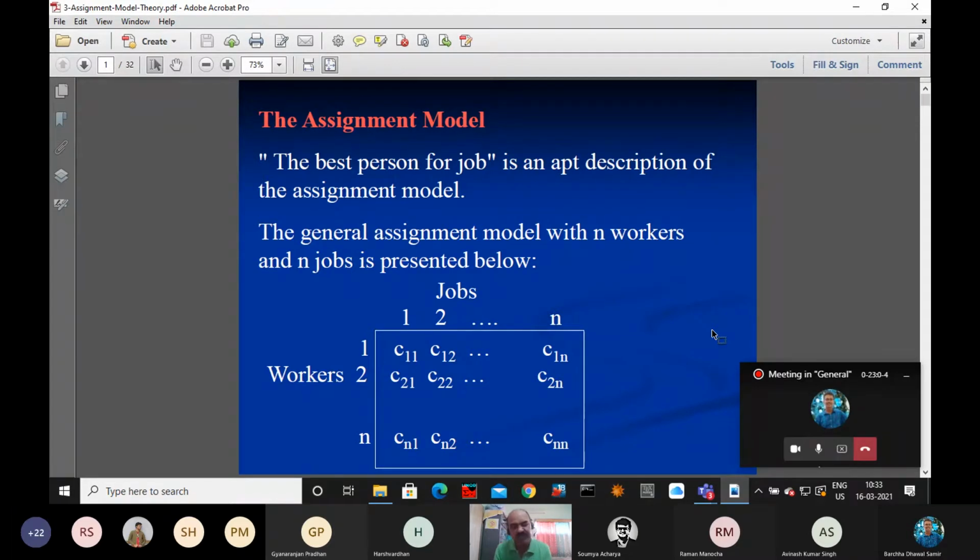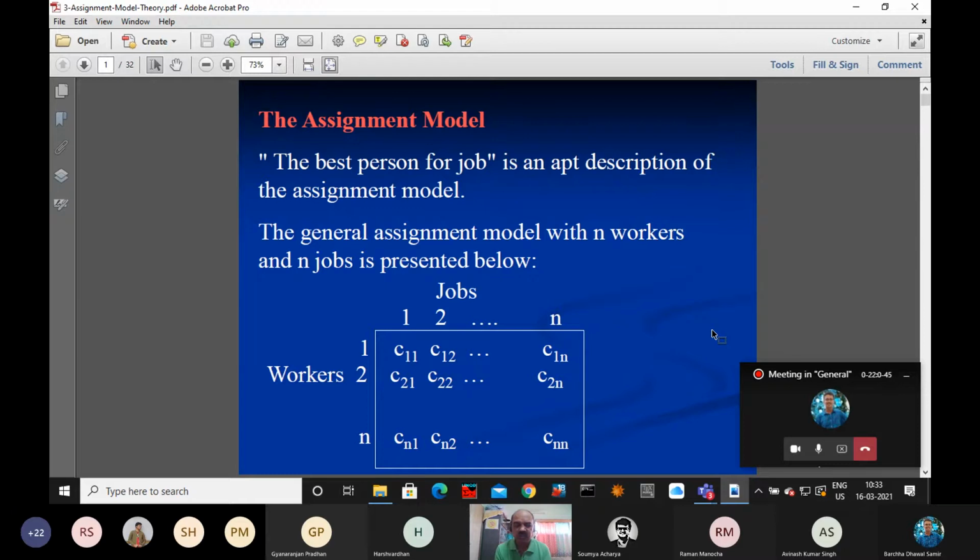If you are processing the ith job with the jth machine, then we name the variable xij equal to 1. If you are not processing, it is 0. So these variables are binary.